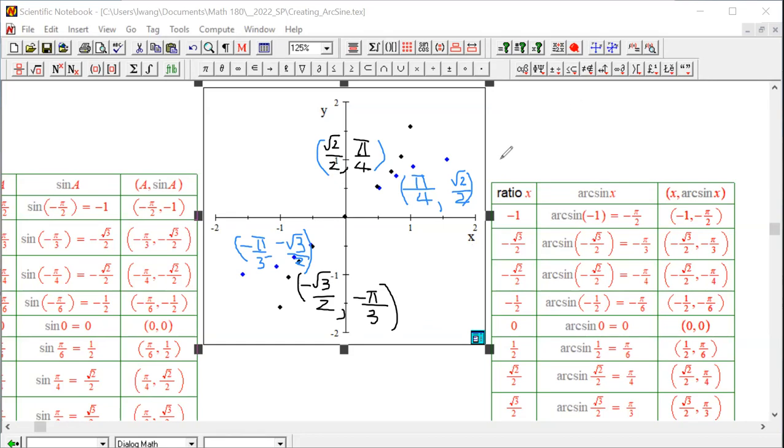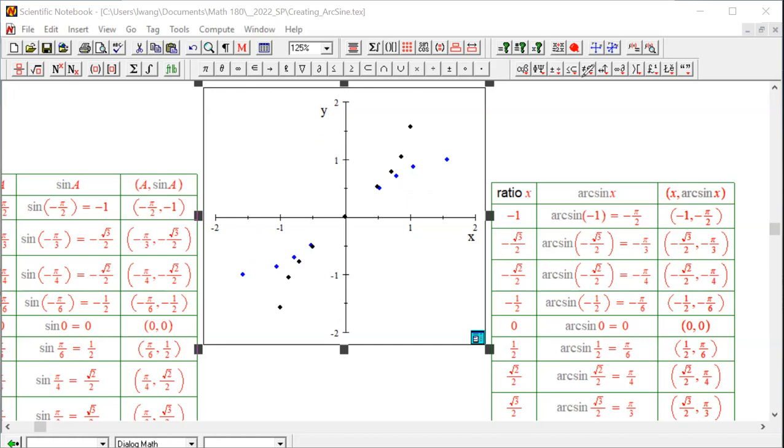Okay, so next I'm going to clean up and mark the remaining points. You can come back to watch it. These two, the blue is on the sine curve, so I'm going to use the blue. That's negative pi over 4, and the input is angle, the output ratio is negative root 2 over 2.